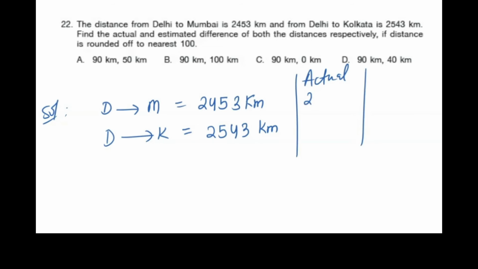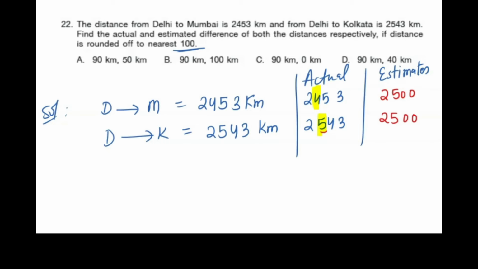Actual will be 2,453 only, and here 2,543 only, and estimated around nearest hundreds. So this is the hundreds place. We will estimate it will be 2,500, right? Delhi to Kolkata, it's 5 here, it will be rounded off to the nearest hundreds. It will be 2,500 also.